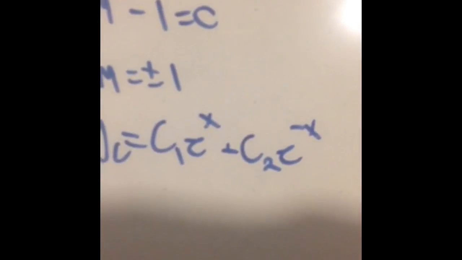So our yc equals c1 e to the x plus c2 e to the negative x.